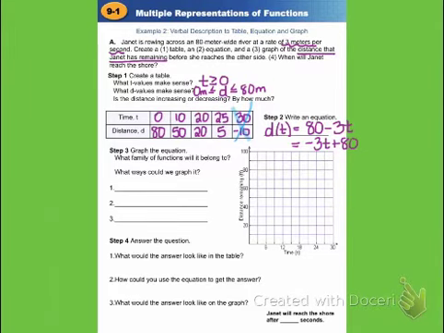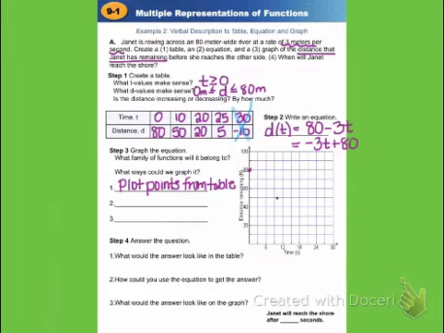Then that would be in slope-intercept form. So what if we wanted to make a graphic representation? There are different ways that we could graph it. One way is to plot the points from our table. We plot 0 and 80. That's a point. Then 10 and 50, so that's right there.